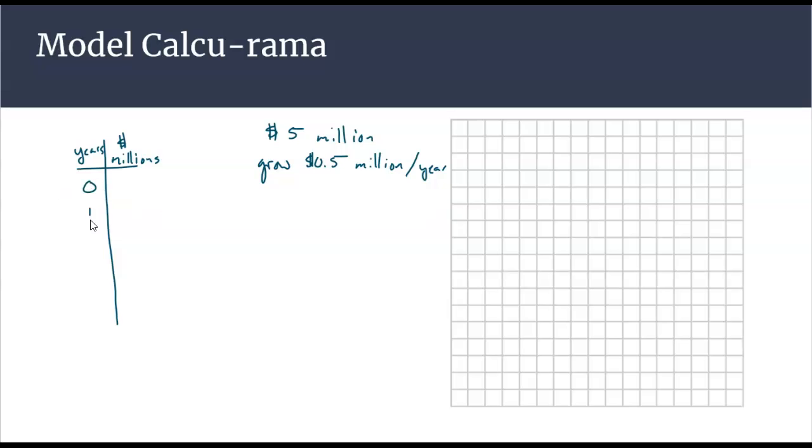So we can list out the years, 0, 1, 2, 3, 4. We start with $5 million. We're going to grow by 0.5 each year. So we're going to add 0.5. I get 5.5. We'll add 0.5 again. You get 6. Goes up to 6.5 and 7 and 7.5 and so on.